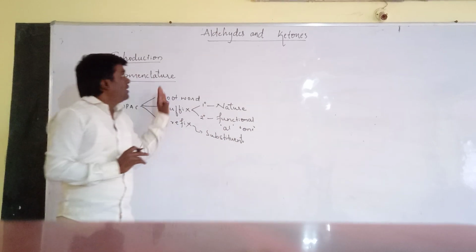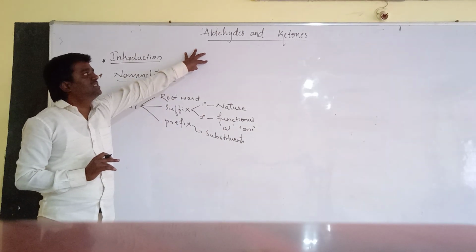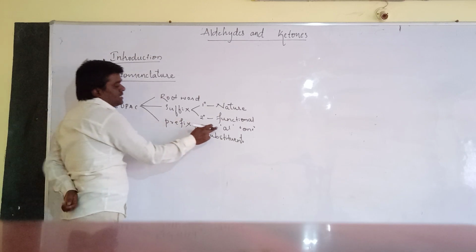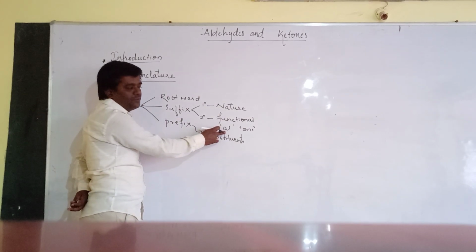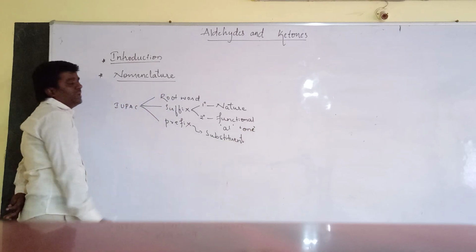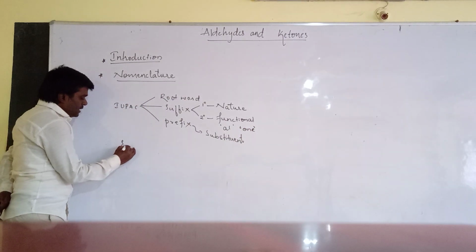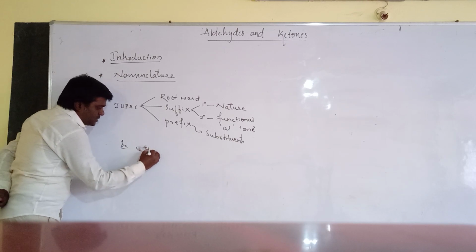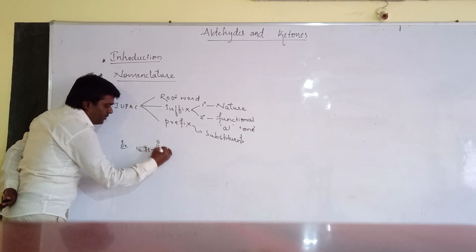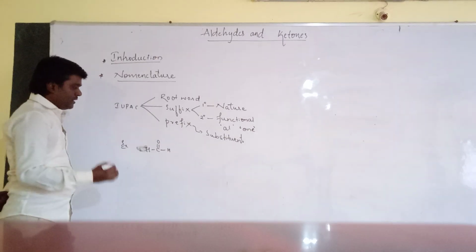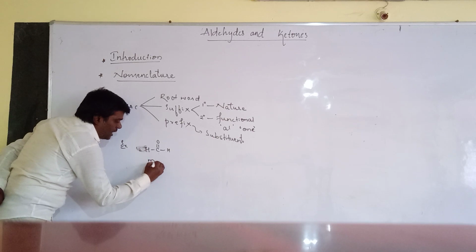Then let us see the nomenclature of aldehydes and ketones. For aldehydes and ketones, the secondary suffix is AL for the aldehyde and ONE for the ketone. Consider some examples. H, C double bond O, H. The IUPAC name of the compound is methanal.